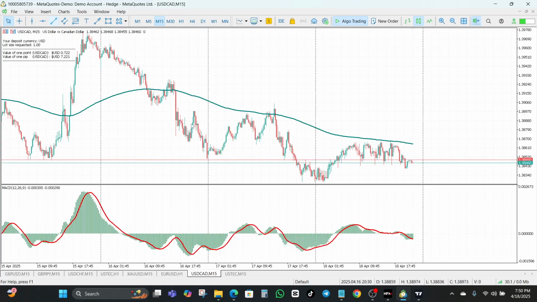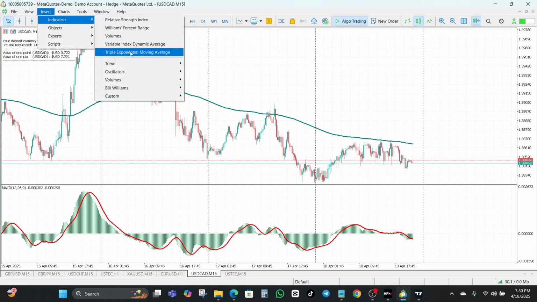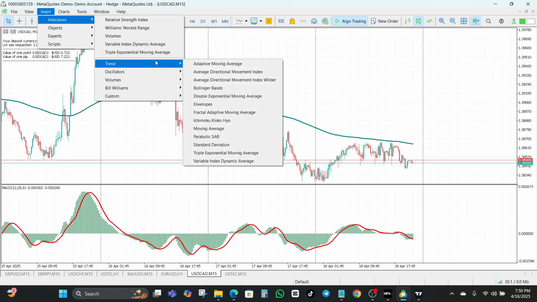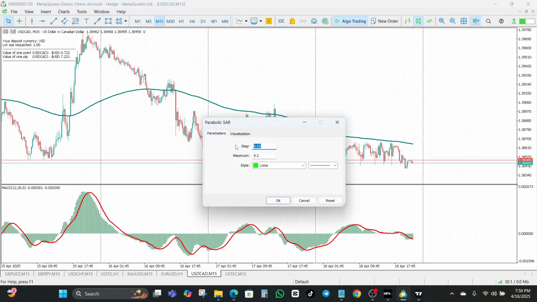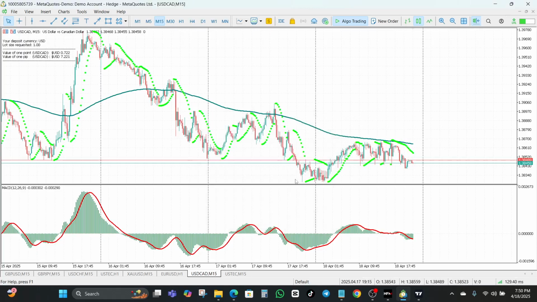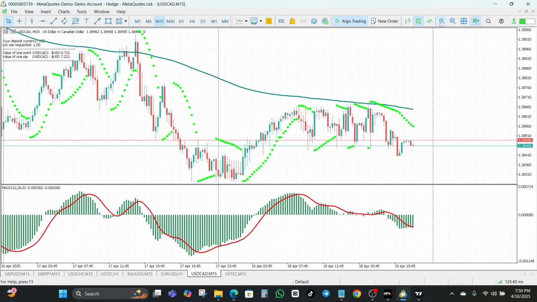Okay, then we are going to add the parabolic SAR indicator also. So the parabolic SAR gives entry and exit signals.